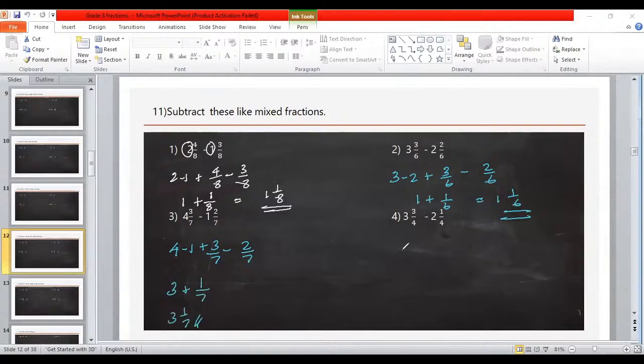This one, 3 minus 2 plus 3 over 4 minus 1 fourth. 1 plus 3 minus 1, 2 over 4. So 1 and 2 fourth.